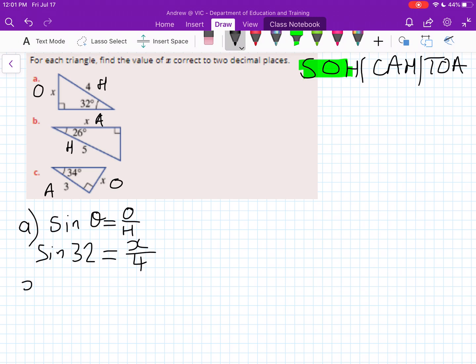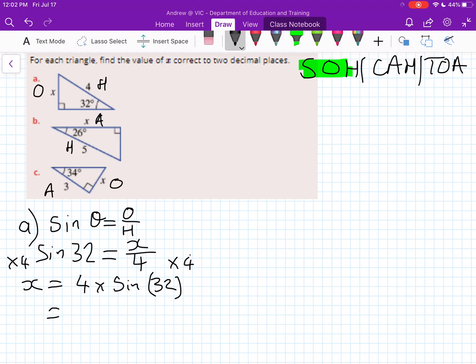So x here is going to equal, we need to multiply both sides by 4, because it's x over 4, which means x divided by 4. So x is equal to 4 times sine 32. And this is what you would put into your calculator to work it out.